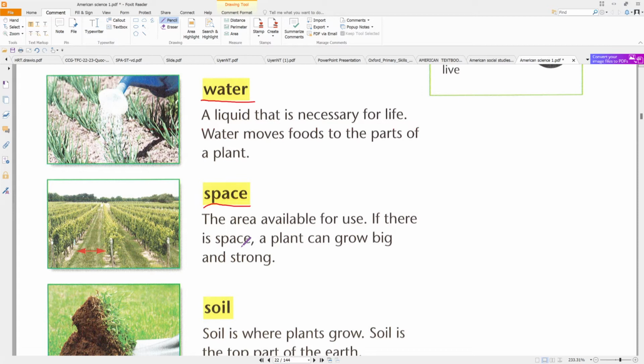So why do we need space? Because we need space to help plants grow bigger and stronger. If plants stand too near each other, they will not have any space to grow and to do the many different things that plants do.